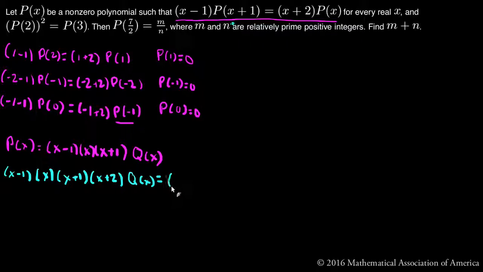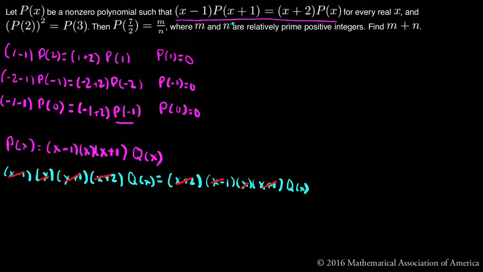So I'll bring in the x plus 2. And then p of x is this without anything changed, so times x minus 1, x plus 1, times q of x. And dividing out terms, I can divide out an x minus 1, divide out an x, divide out an x plus 1, divide out an x plus 2.